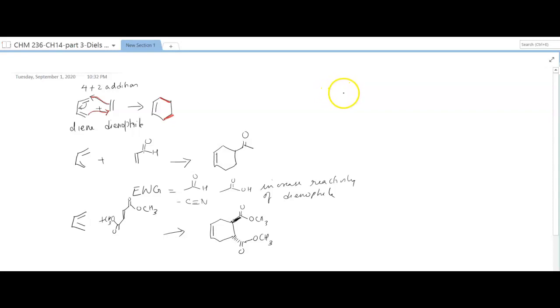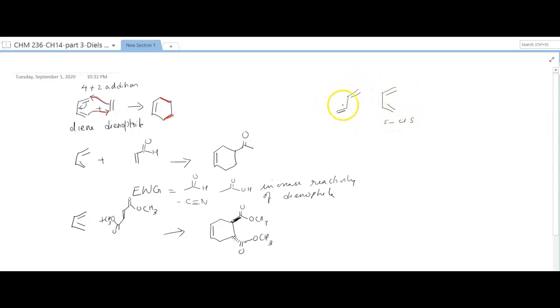Let me explain what I mean by that. If you have a butadiene in a trans type of conformer, this particular geometry is less reactive than when the diene is in a cis type of geometry. This is called the s-cis conformation, and this is the preferred geometry.